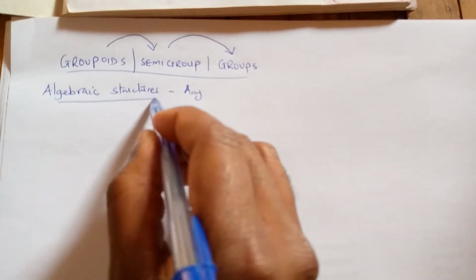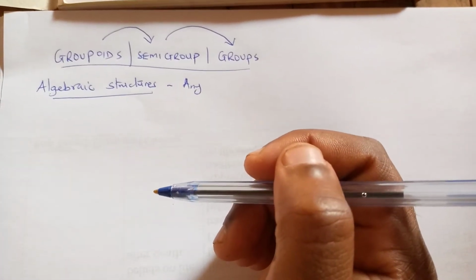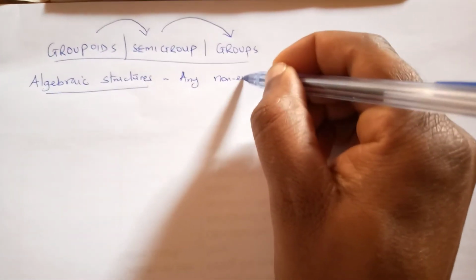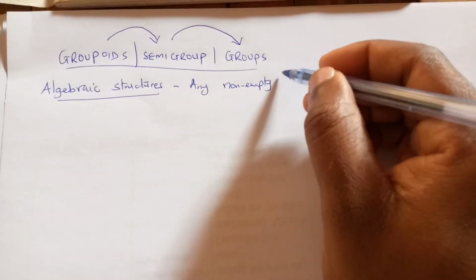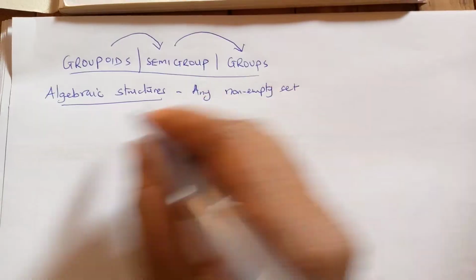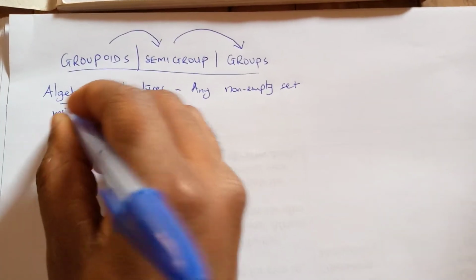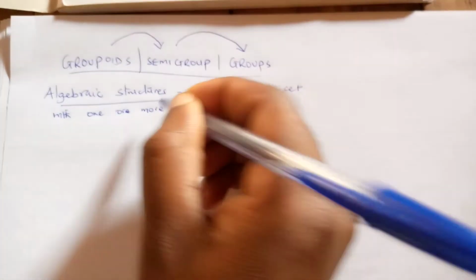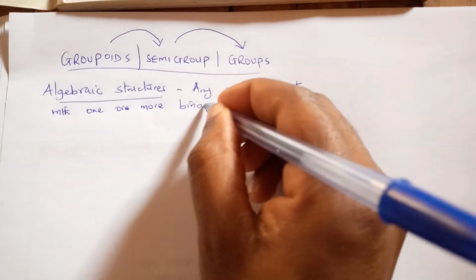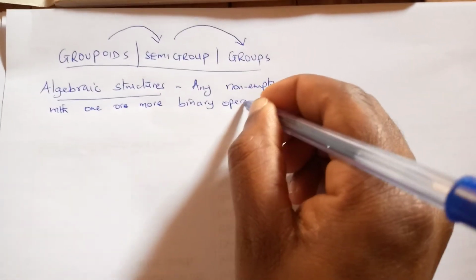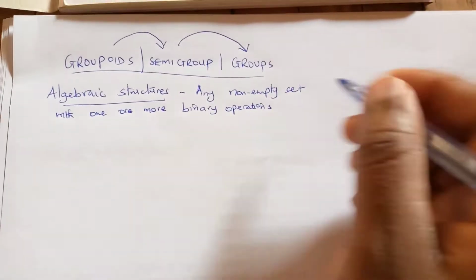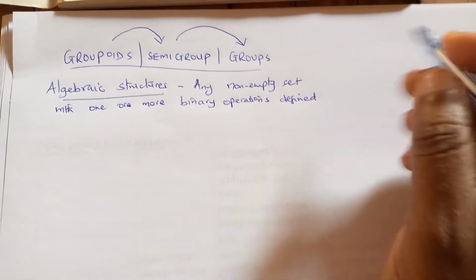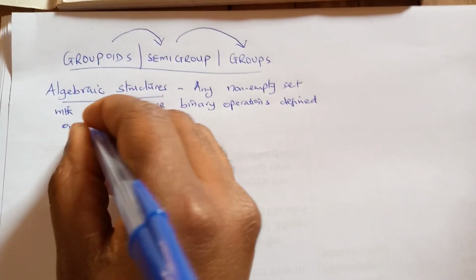These are algebraic structures, and by definition, an algebraic structure is any non-empty set with either one or more binary operations which are defined on it.